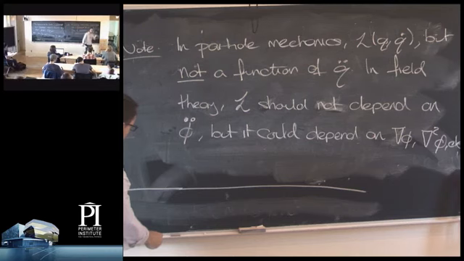Is that the question you asked? So why can't the Lagrangian density depend on phi double dot? It's basically the reason that you need two initial conditions, the initial position and the initial momentum, in order to dictate the rest of the motion of a particle, or indeed of the field.